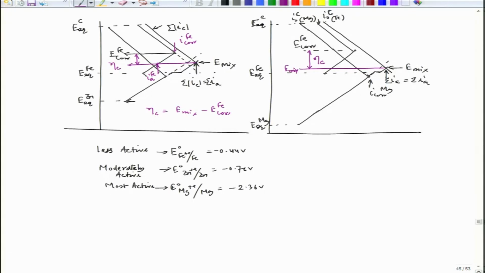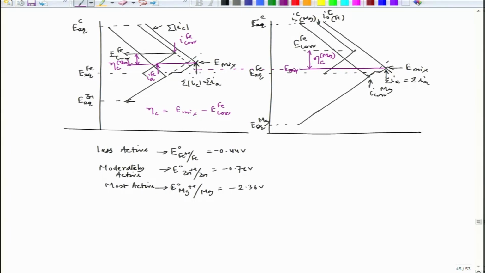I could see that if I extend this line, I can compare eta C with reference to magnesium and eta C with reference to zinc.